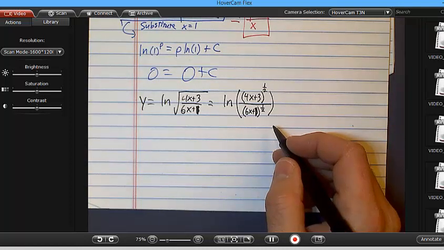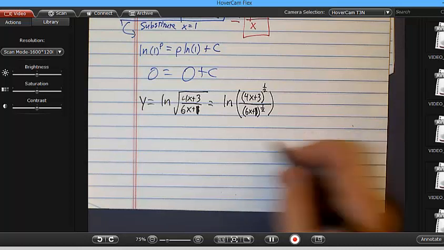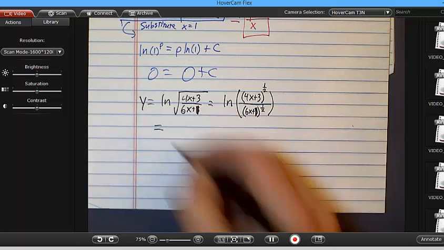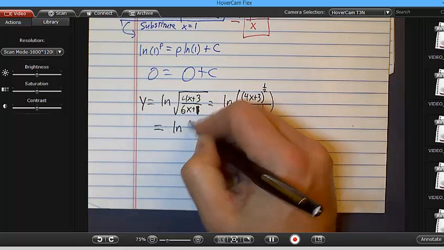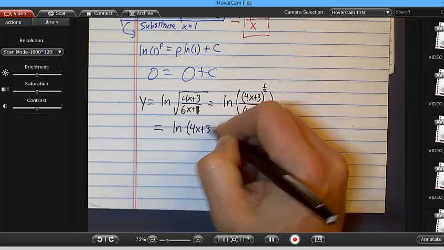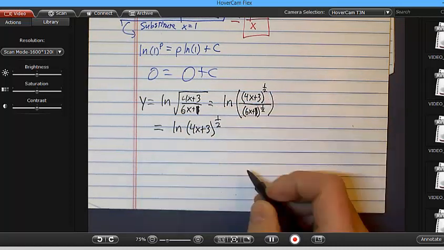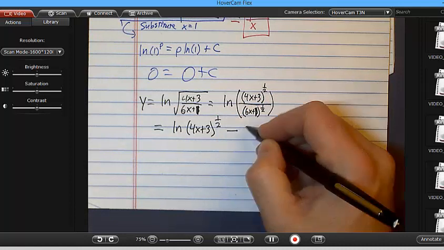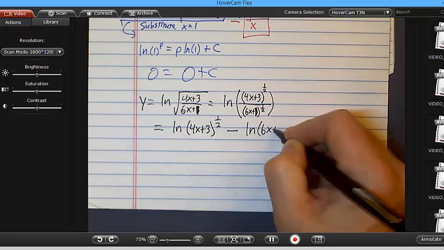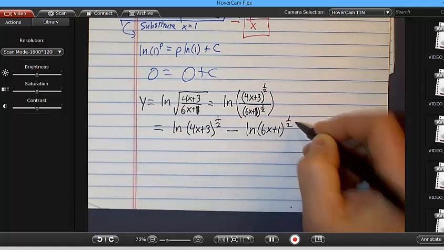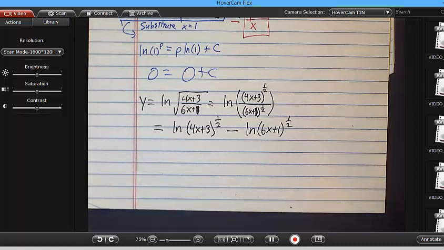So what we're going to do is use the log laws, right? Jocelyn says, hey, let's write this as the natural log of 4x plus 3 to the 1/2 power minus the natural log of 6x plus 1 to the 1/2 power. In my mind, that's log law 2, right? The way I have them numbered. Anything else I can do before I start to take the derivative?